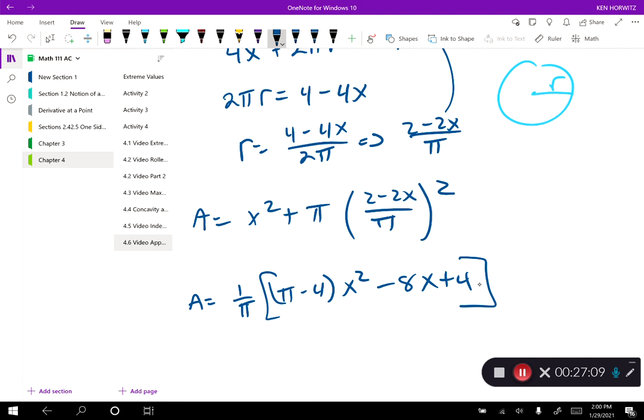From here, it's going to be easier to get your critical numbers. Whatever form you leave it in, you don't have to simplify it as much as I did. You have to simplify it as much as you need to in an effort to get your critical number. So you need to get your derivative, basically. So you don't want to pull out the 1 over pi. In order to do the derivative, leave it like that. That's your choice. I chose to get down this far.